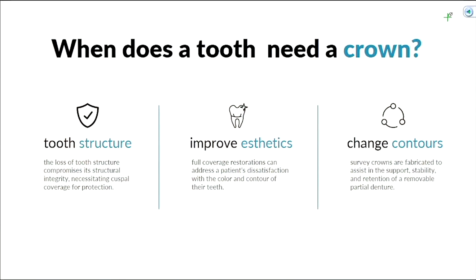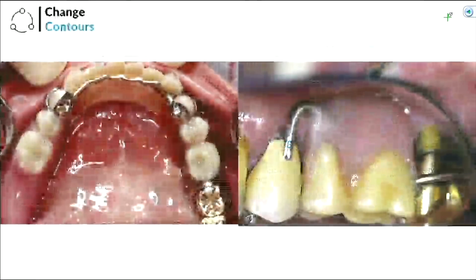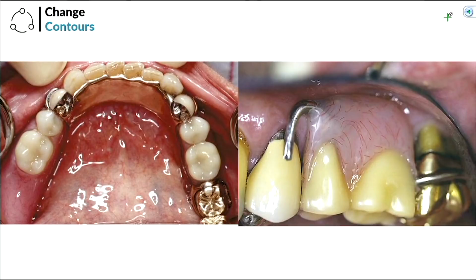In RPD, one of the reasons why a tooth may need a crown is to change the contours of the tooth. And that's this situation here where you want a tooth to support a partial denture, and then the clasp of the denture is going to hug the tooth in a certain way to prevent this prosthesis from just falling down.